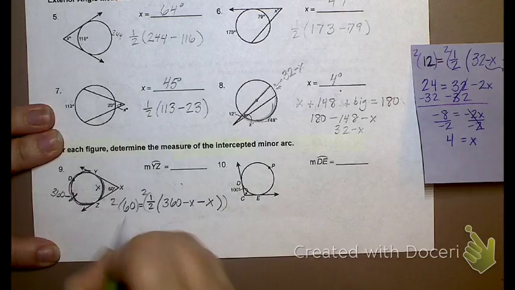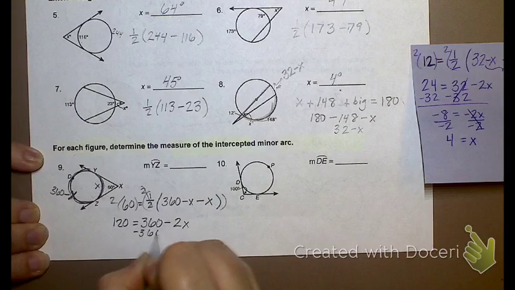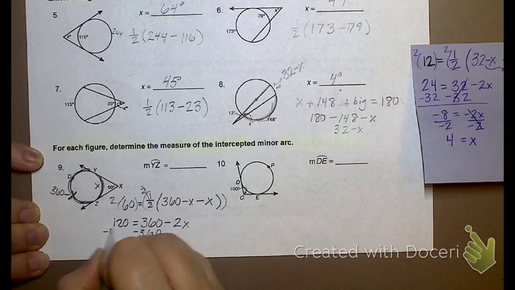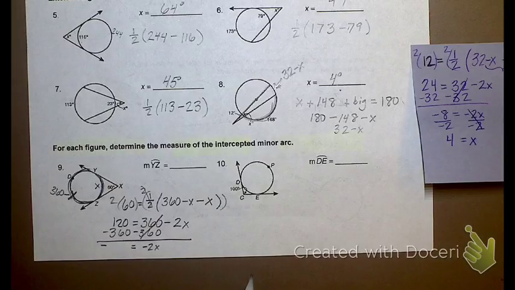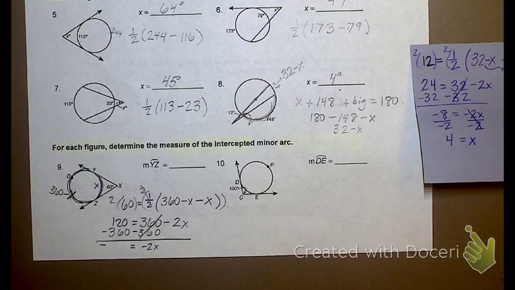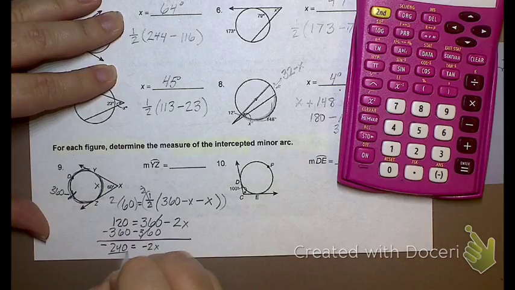Move the 360. Negative 2x equals negative what? 120 minus 360, negative 240. Divide by negative 2, and what does x equal?